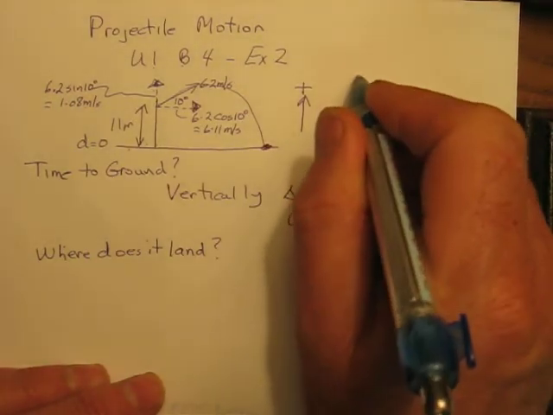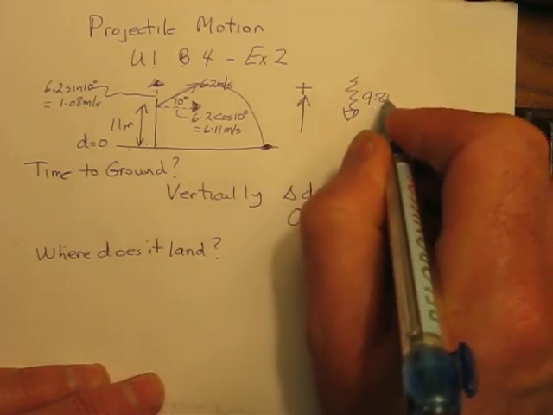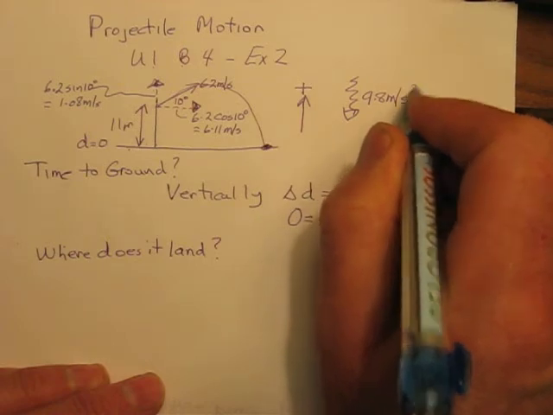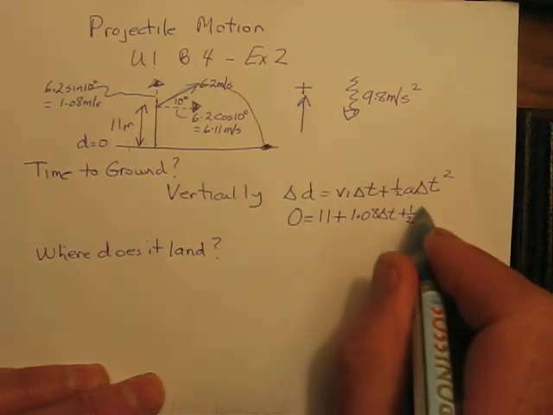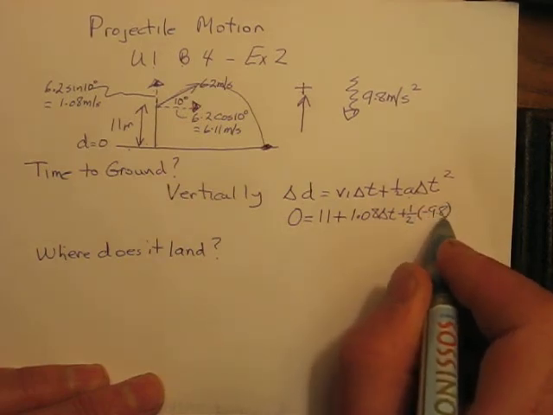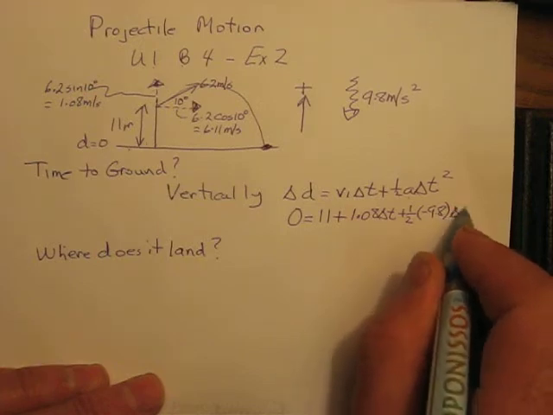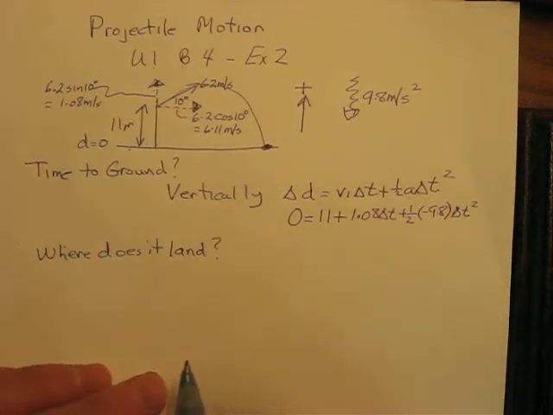The 9.8 meters per second squared is always down when you're dealing with the Earth. So since it's down and up is considered positive, we have to put in a negative 9.8 here, okay, and finish and multiply that by delta T squared.